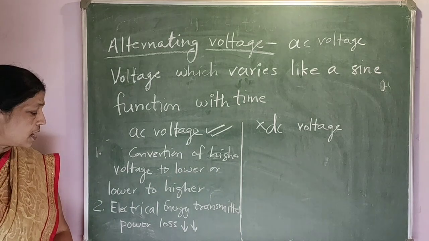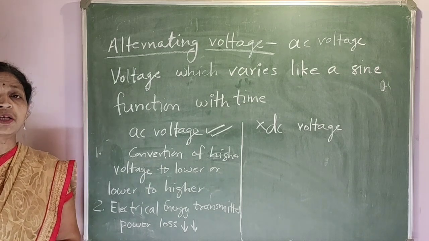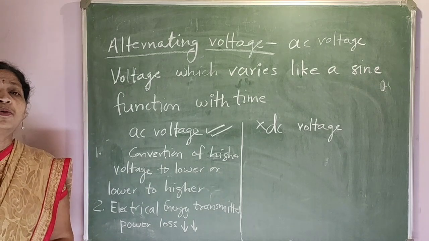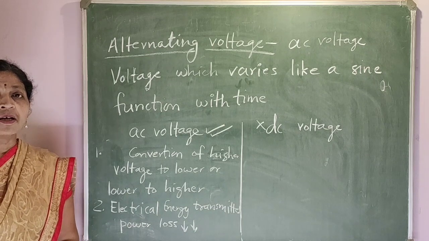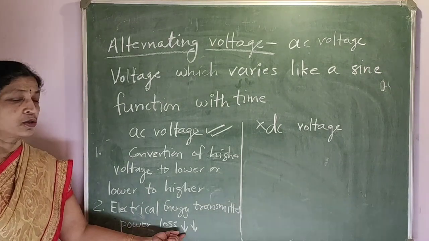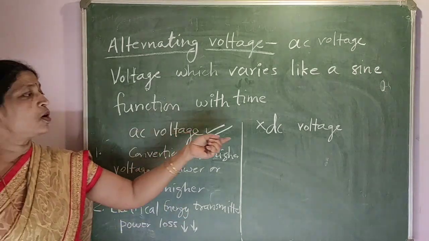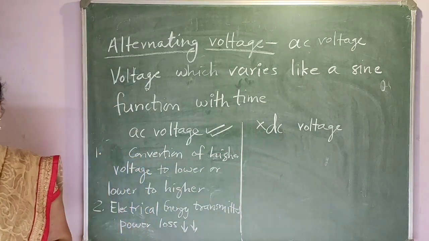The second reason is that the electrical energy transmitted from the power stations up to the application site can be transferred easily with less power loss if we have AC voltage. If DC voltage is there, power loss will be greater.